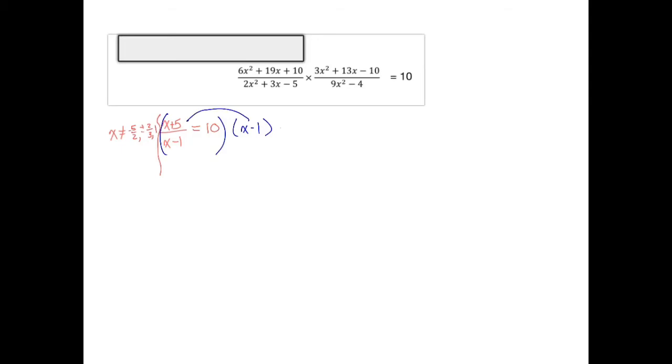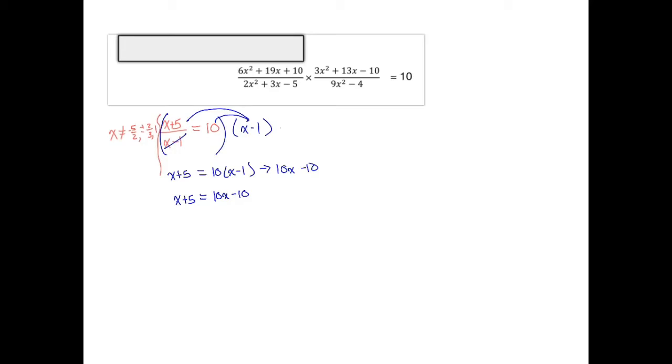When we multiply it to the left side, we're just left with x plus 5 because x minus 1 divides out. And when we multiply it to the right side, we have 10 times x minus 1, or 10x minus 10. So our equation is x plus 5 is equal to 10x minus 10. And then we can solve for x in this case.